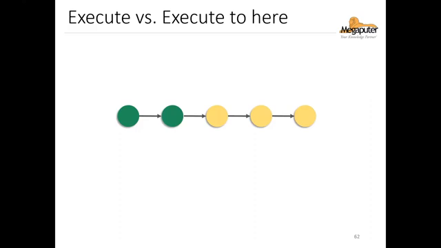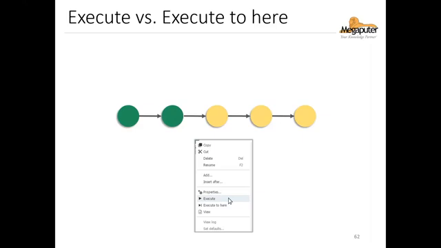The default execute option executes any unexecuted nodes up to and including the selected node, and then continues downstream for all unexecuted nodes. So for example, if I right click on the node and select execute for this third node, it will execute that node and continue executing down the workflow, which is what we saw before, but that's not what we want now.